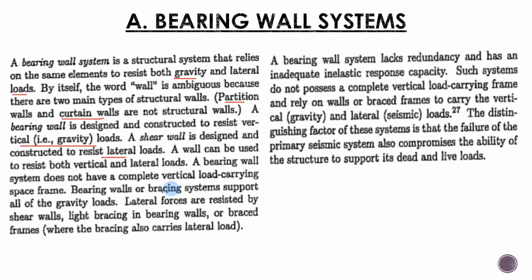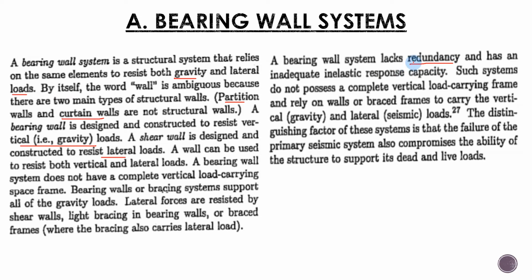A bearing wall system does not have a complete vertical load carrying space frame. Bearing walls or bracing systems support all of the gravity load. The lateral forces are resisted by shear walls, light bracing in bearing walls, or braced frames. The bearing wall system lacks redundancy and has an inadequate inelastic response capacity.